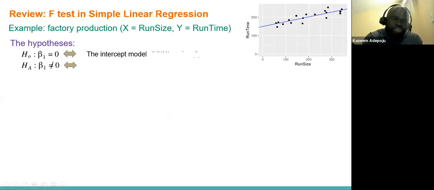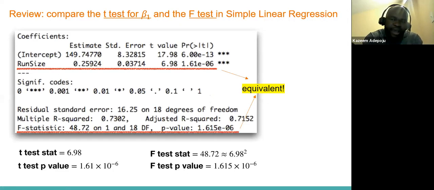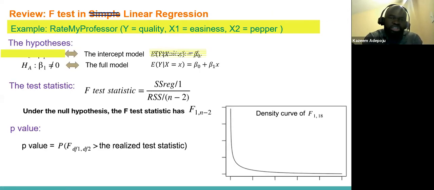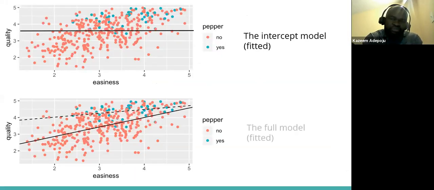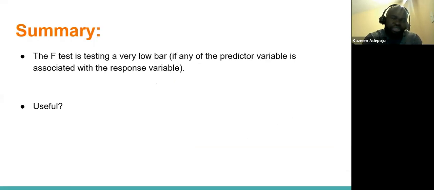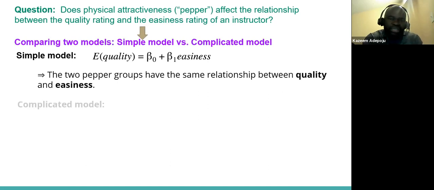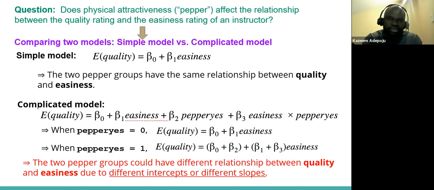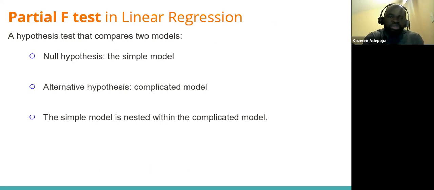What we have been doing today is the F test, but right now we want to go into the Basia F test. And when do we use the Basia F test? When we are comparing the simple model and the complicated model.